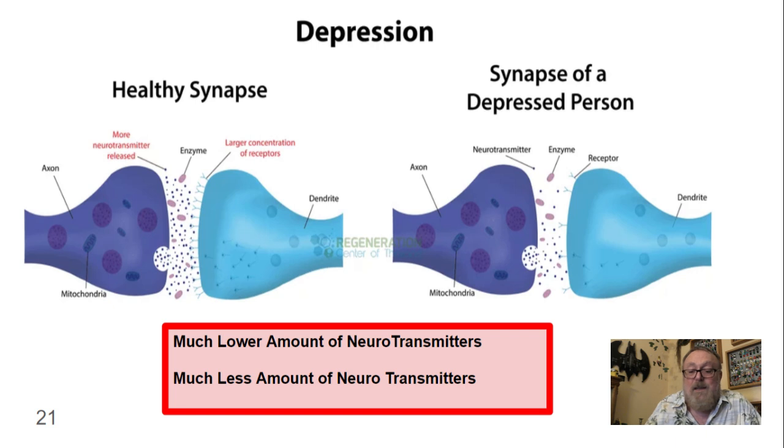Slide 21. This depicts the difference in neurotransmitters in the synapse of a normal person and someone who is experiencing depression. Note the amount of neurotransmitters and the amount of neural receptors on the postsynaptic side.